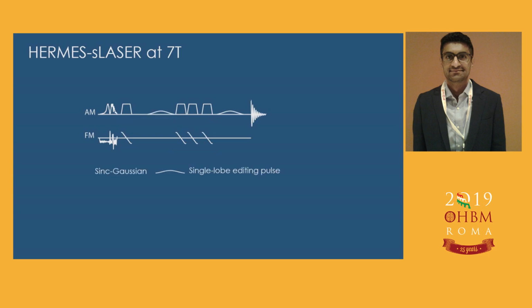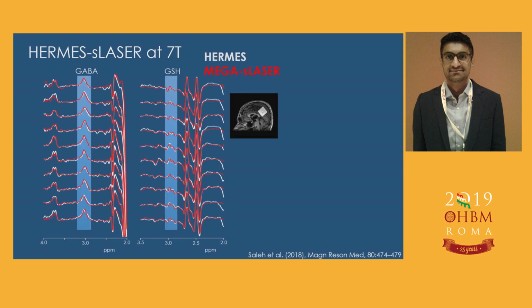If you include your editing pulses, now you can perform MEGA editing using single lobe, and if you include dual lobe editing pulses, you can now perform HERMES editing. So this was applied in 10 healthy volunteers, and we have this MEGA edited data overlaid with HERMES edited data. You can see again, just like at 3 Tesla, in terms of signal line width, pattern and amplitude, the 2 edited spectra agree with each other.